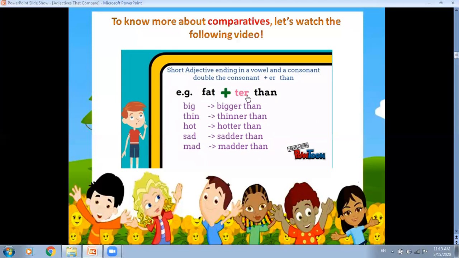Fat, fatter than, double T. See? Big, bigger than. I have a short vowel in the middle, I, and a consonant at the end. So I'm going to double the final consonant, double G, and then add ER and then. Big, bigger than.